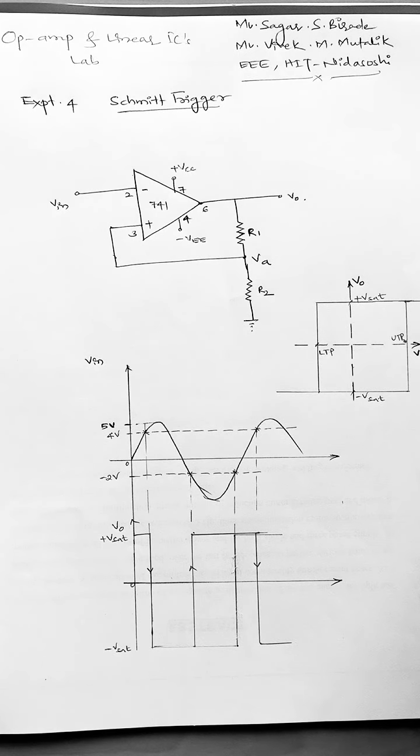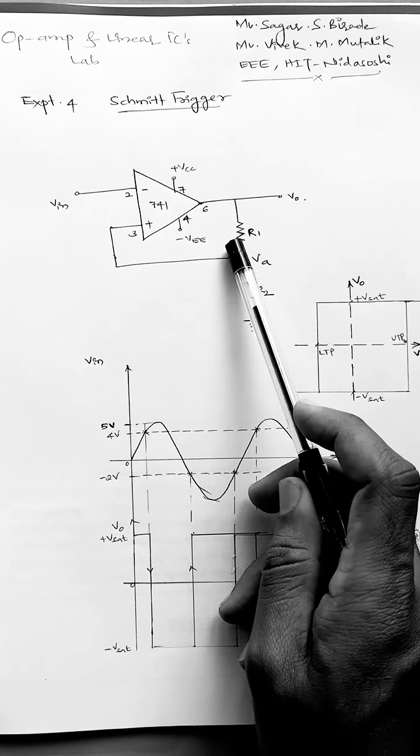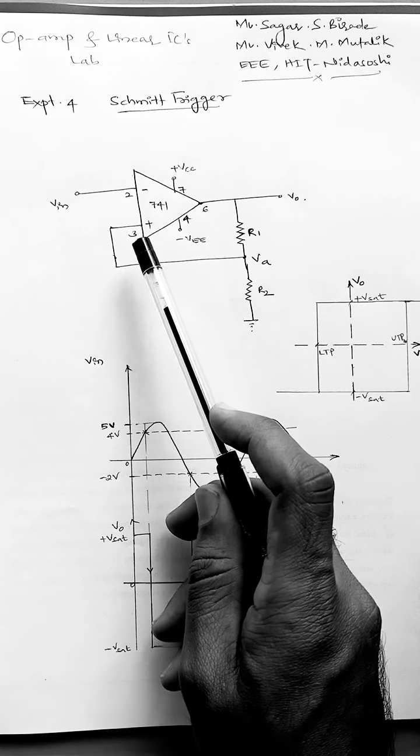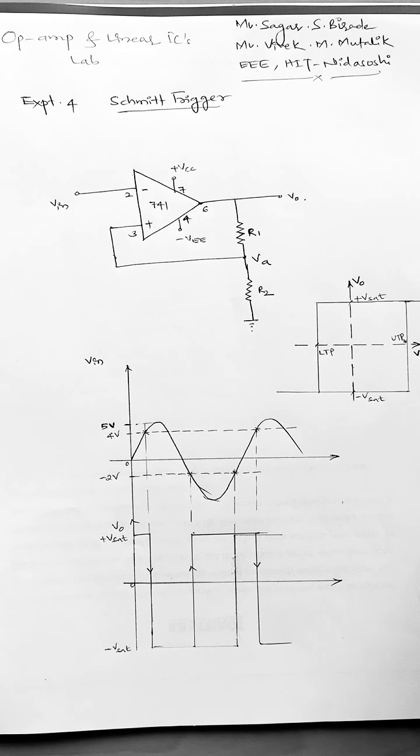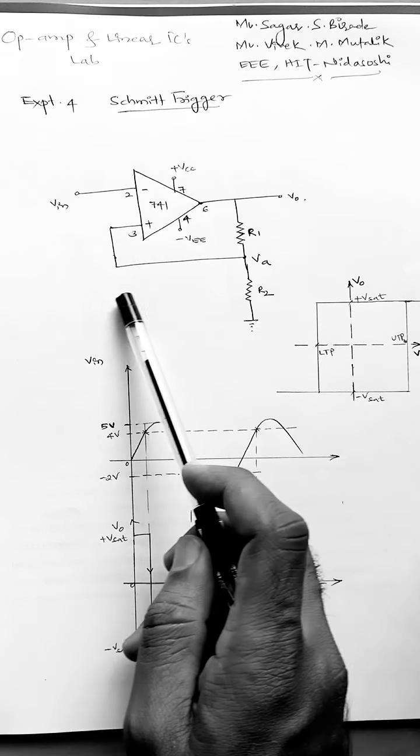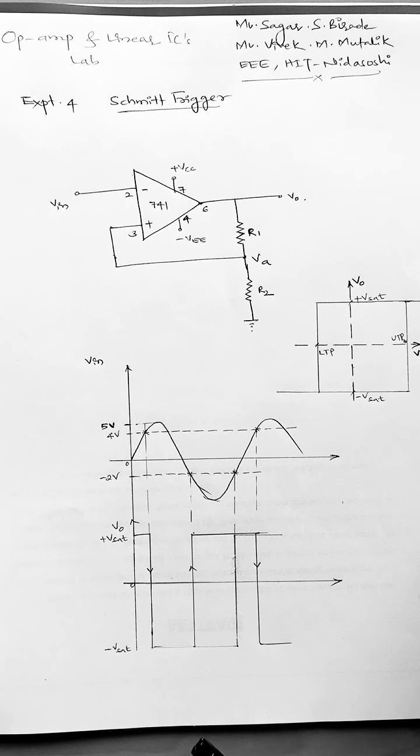It produces a square wave and it generates a square wave based on the positive feedback. As you can see, part of the output is connected back to the input at the non-inverting input terminal. Now the feedback voltage VA is applied to non-inverting input terminal.